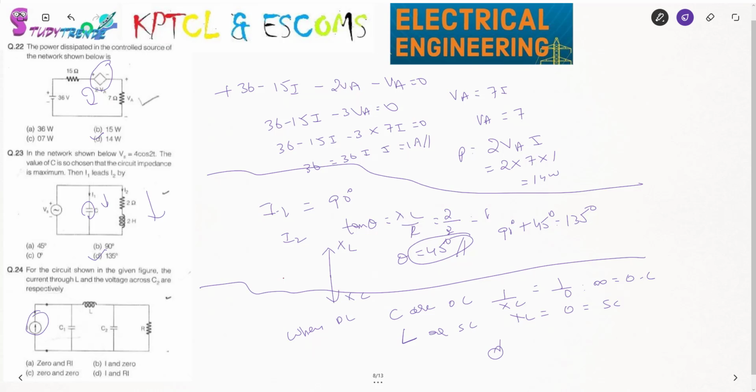So applying this, we can write like this: I, so capacitor is open circuited, whereas L is short circuited. Again capacitor open circuited, and R is here. They are asking voltage across C2 and current through L. Current through L is I, and voltage across C2 is I into R. So option D. Next question.